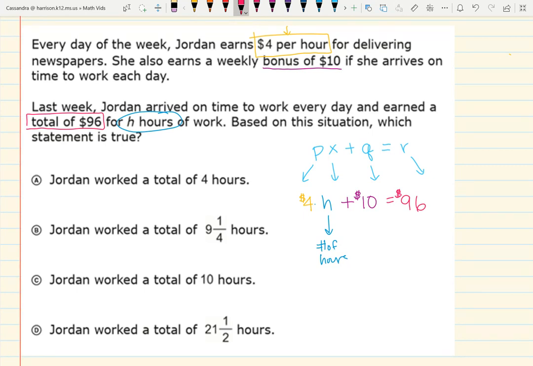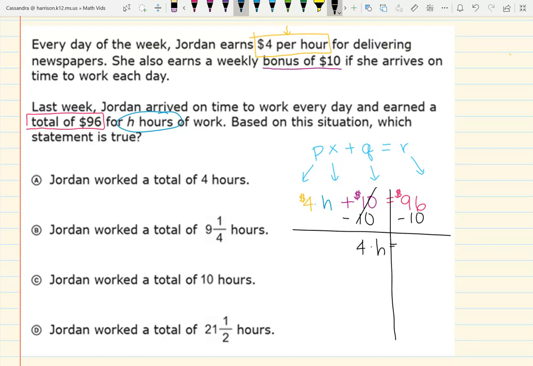And using this equation, we can now go through and solve it, just like we would any other 2-step equation. Put a line straight through the equal sign. Let's get rid of the extra amount, our constant, by subtracting that from both sides. So we're getting $4 per hour and $96 total minus the $10 bonus we got is $86. And then, if it's $4 per hour, we're going to divide by 4, and we can do that to both sides.